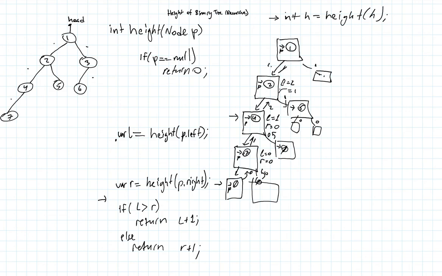So this is 2, this is 1. The length of this one becomes 3. Left becomes 3 here, and right becomes 1, or 2, I mean 2.